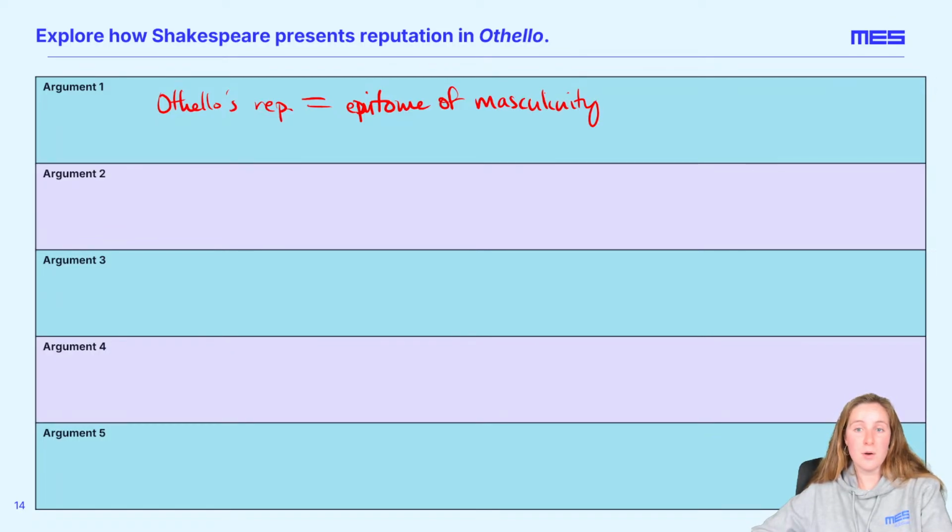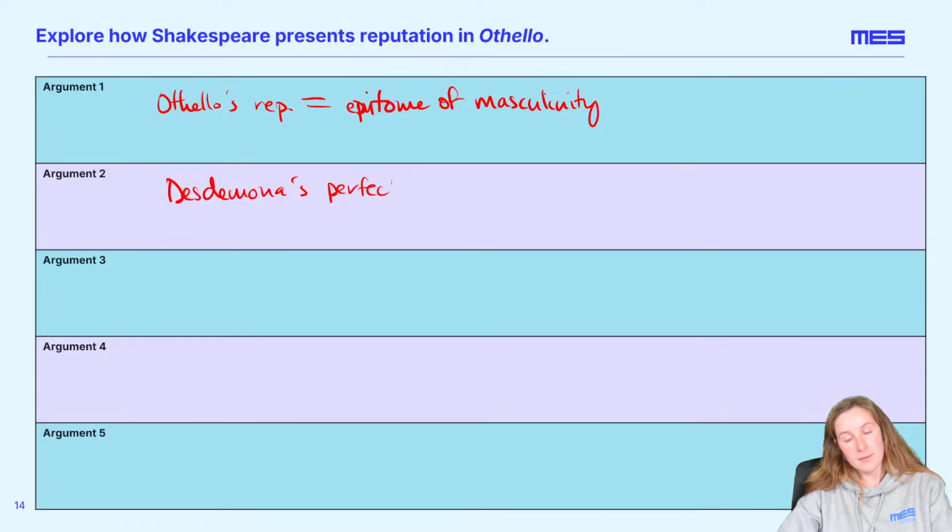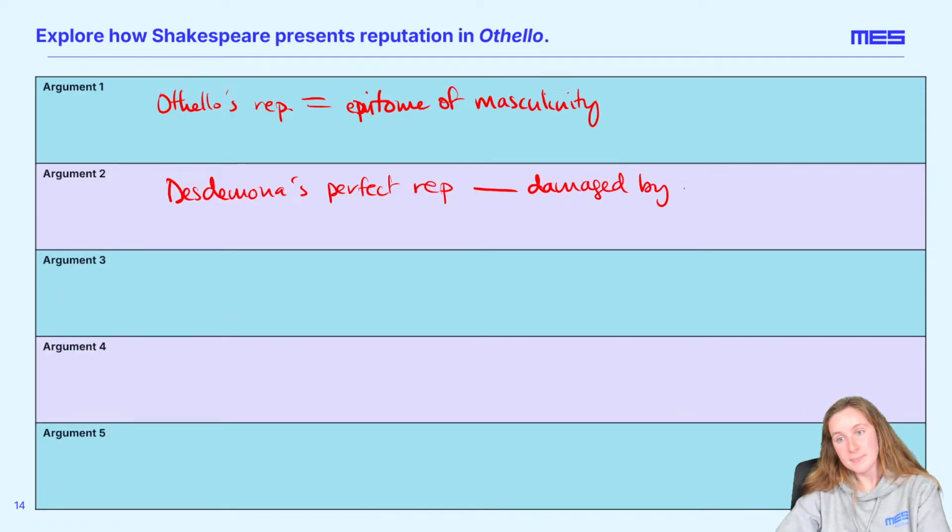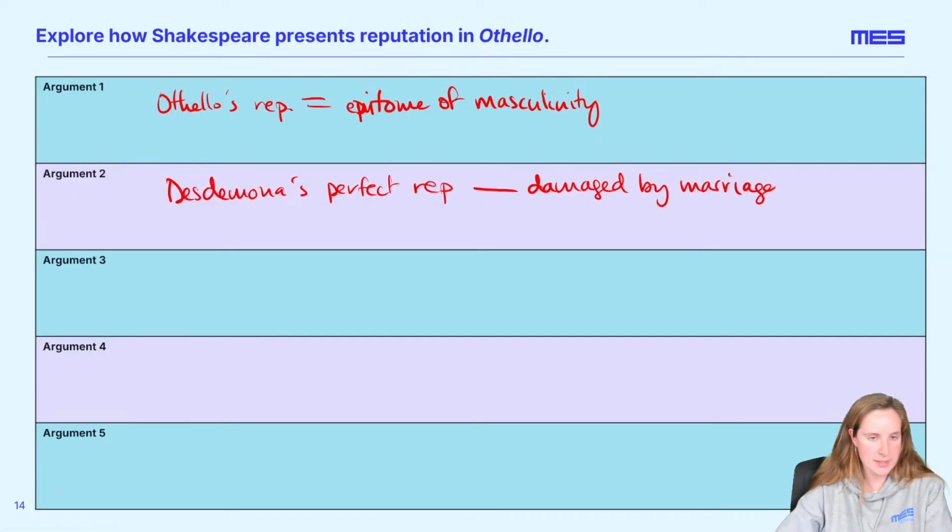That's why he's not worried. We could also think, for example, of Desdemona's reputation at the beginning, but this being damaged by her marriage, as she's contaminated by the sooty bosom and the old black ram tupping her, etc.